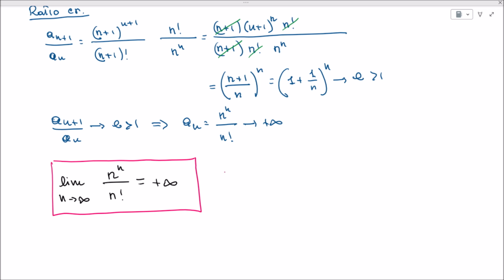We can say that n to the n wins over the factorial. So up to this point we see that n to the n is the most powerful sequence as far as divergence to plus infinity is concerned.